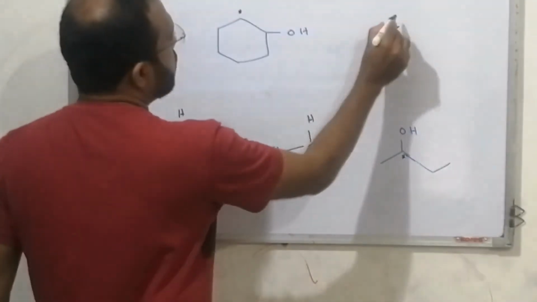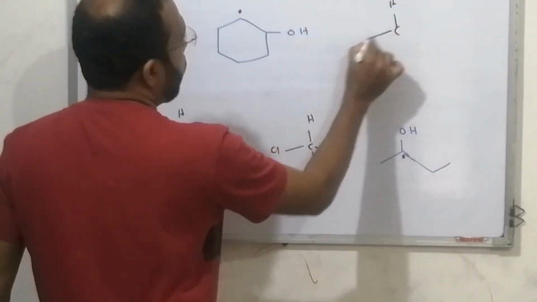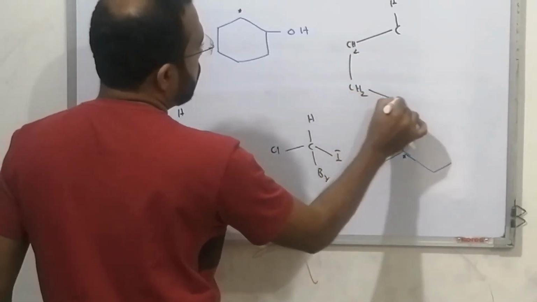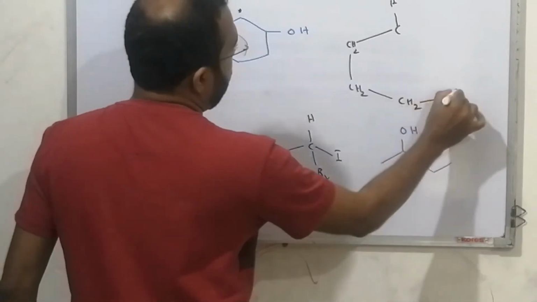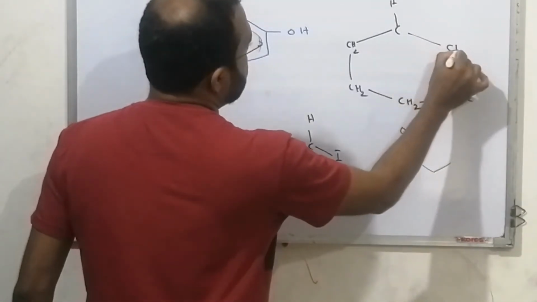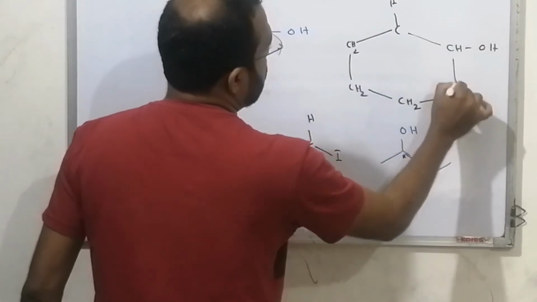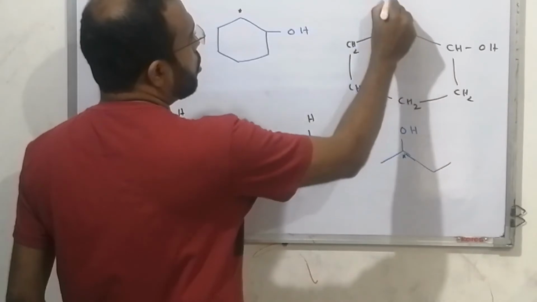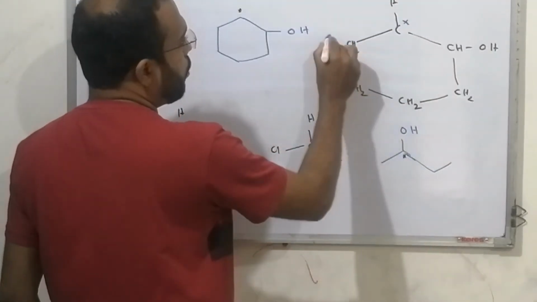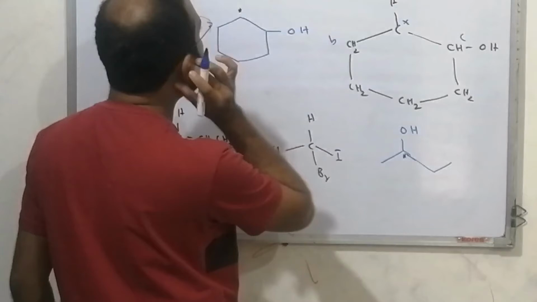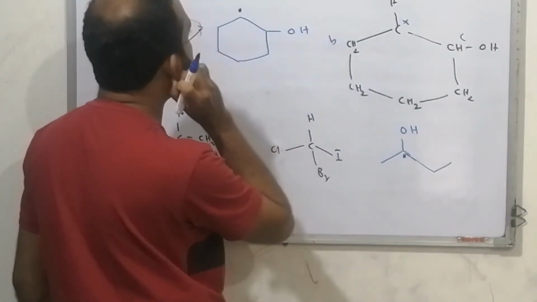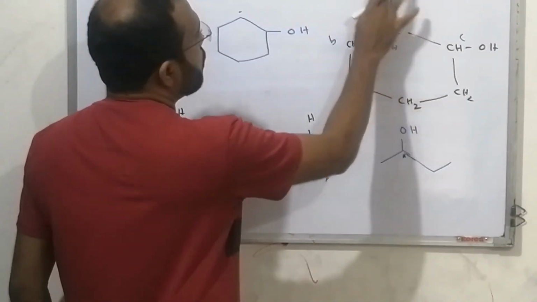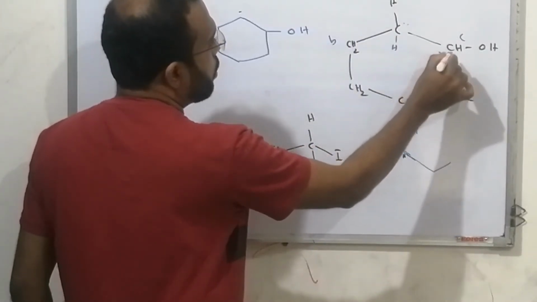Because on this carbon there is hydrogen, CH2, CH2, CH2, CH2, CHOH. Look at here. This carbon is chiral because this is A group, these are B, this is C. I'm really sorry, here one more hydrogen.